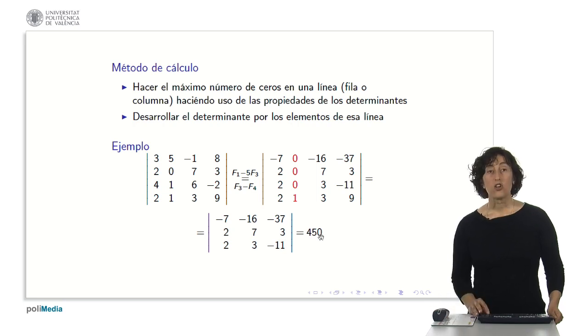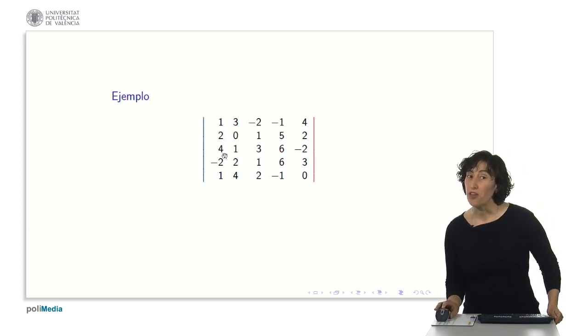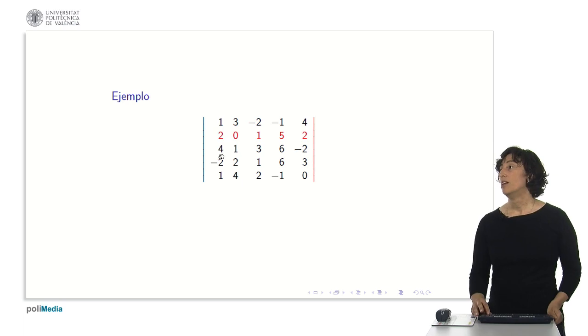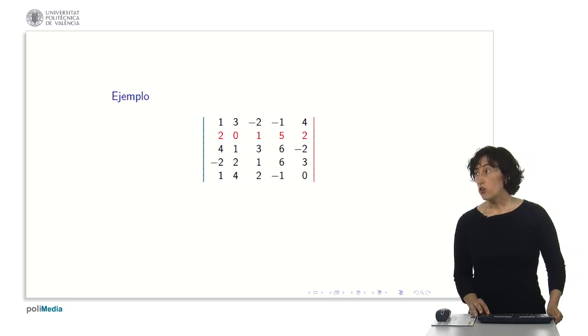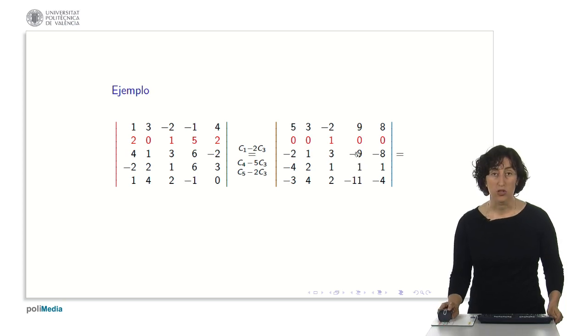And we are going to apply this always, for any type of determinant and for any order. For example, this matrix is 5 times 5, so we do the same. I choose a row or column, whatever I want, and I do operations of that style: column 1 minus 2 times column 3, column 4 minus 5 times column 3, etc., to get the largest number of zeros possible. That is, if it can be 0, minus 1.